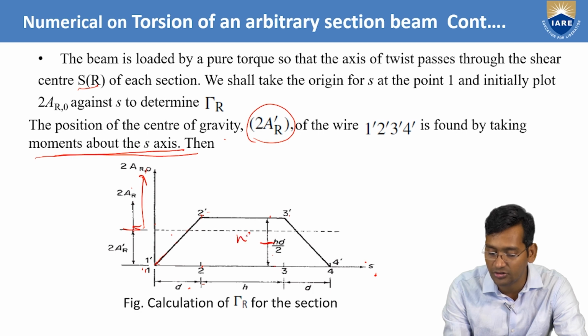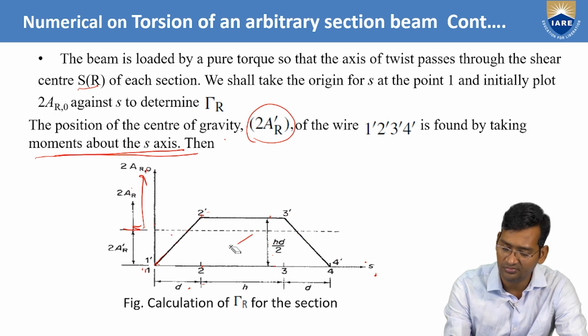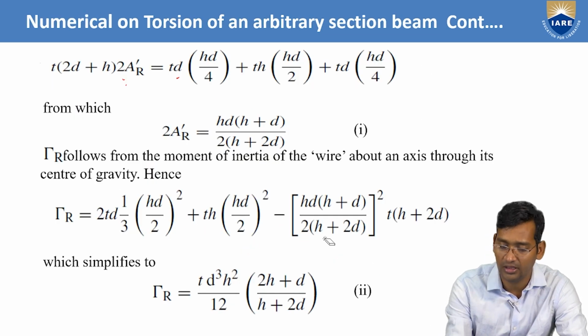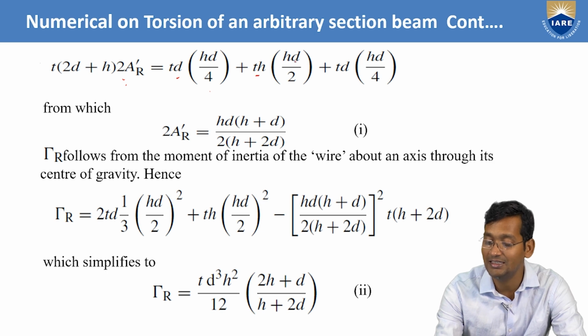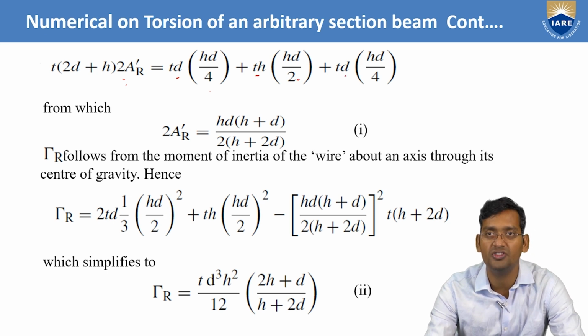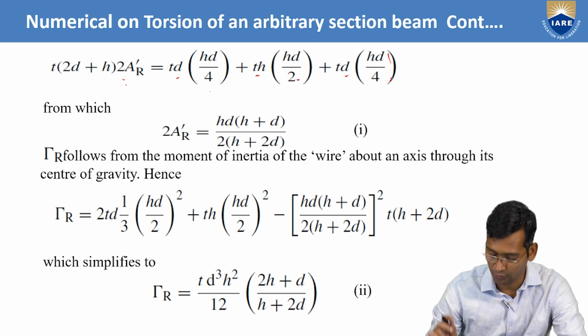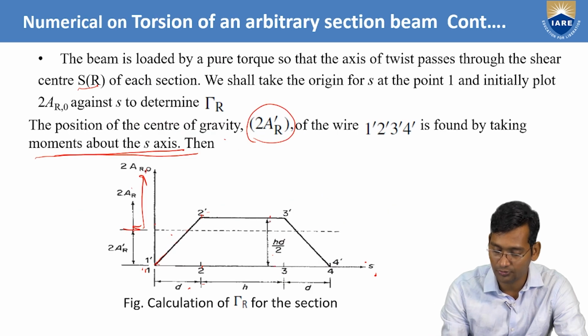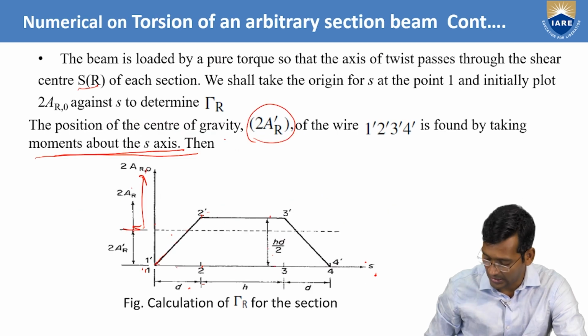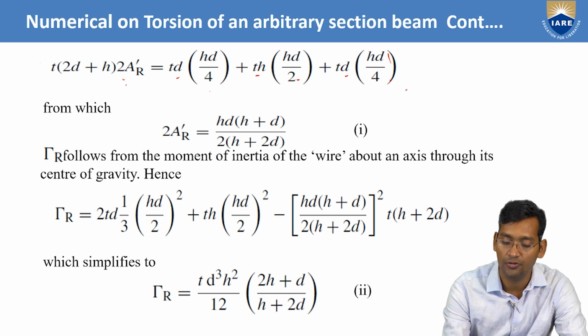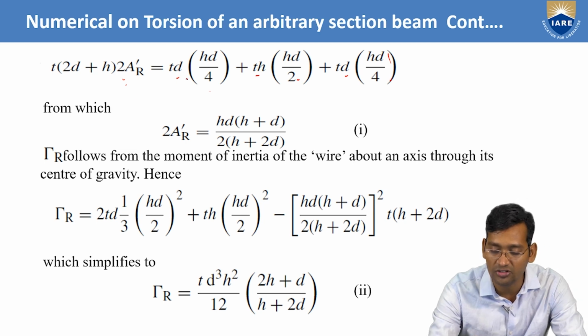So this will be HD by 2, means HD by 4. So it will act at HD by 4 plus TH into HD by 2 plus TD into HD by 4. So for TD, for this one, that will be HD by 4.